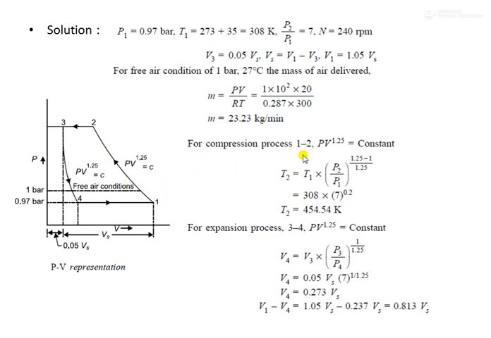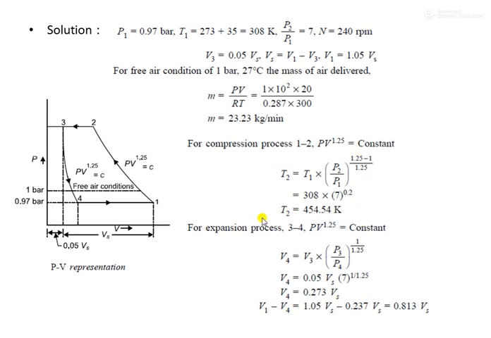Now during the compression process, because it is a polytropic process, it is governed by the law PV^1.25 is constant. Or for a polytropic process, we know the expression T2 by T1 is equal to (P2 by P1) raised to (n minus 1) by n.